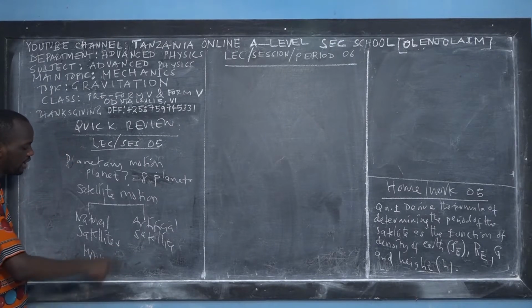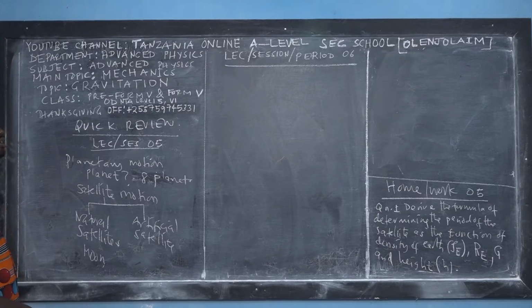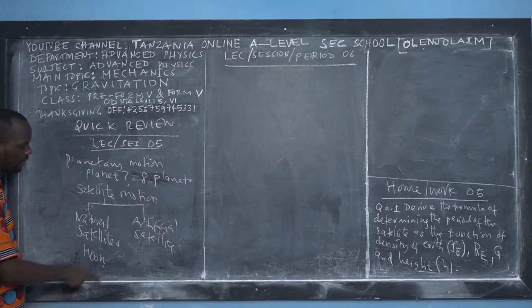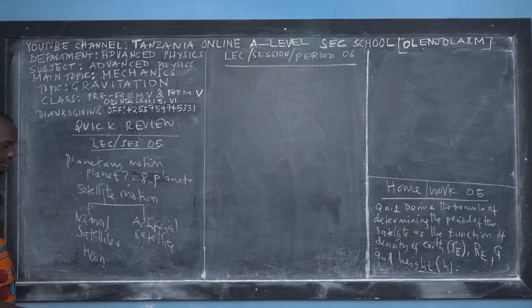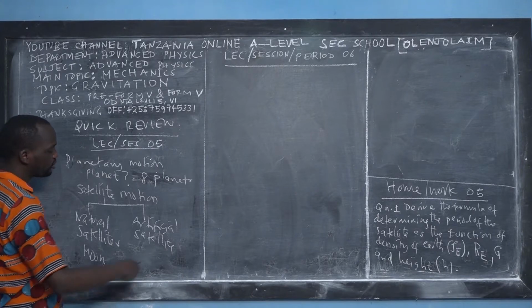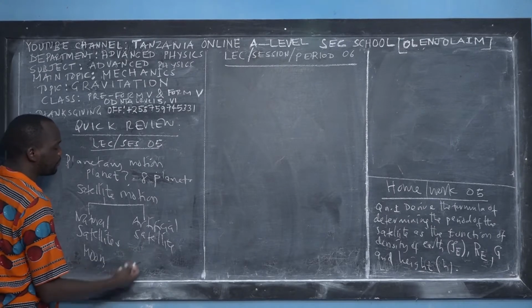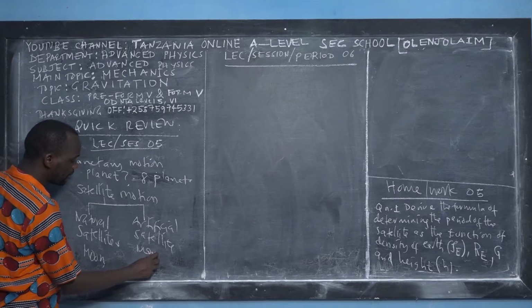For example, the moon revolves around the Earth in 27.3 days. In the case of artificial satellites, we say that these are man-made.